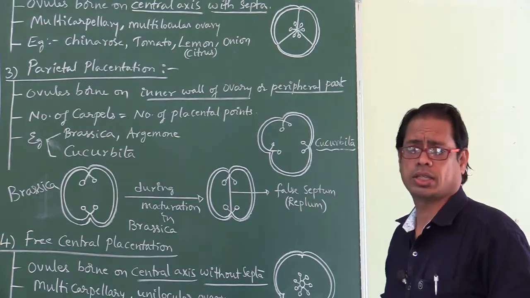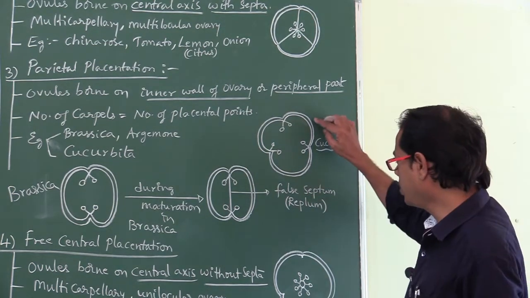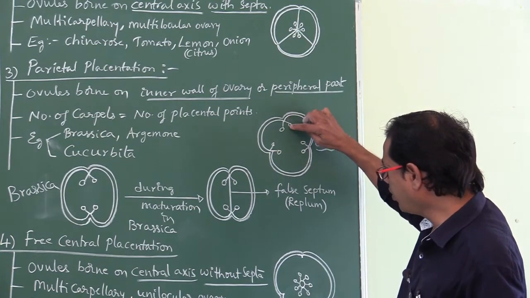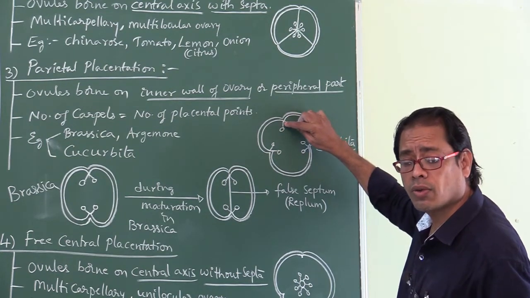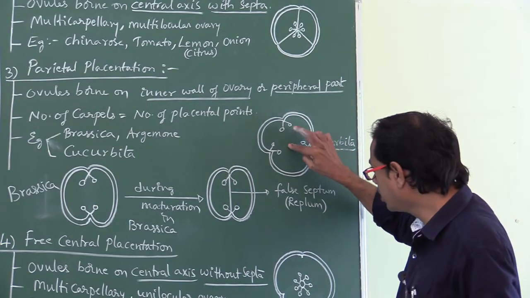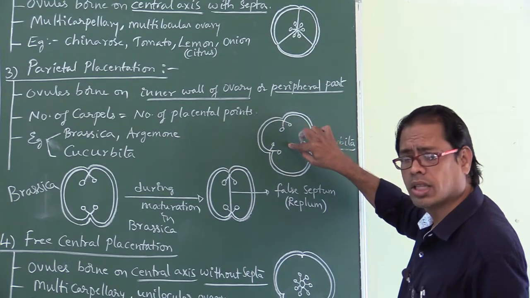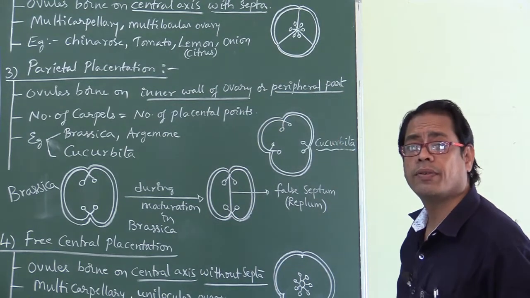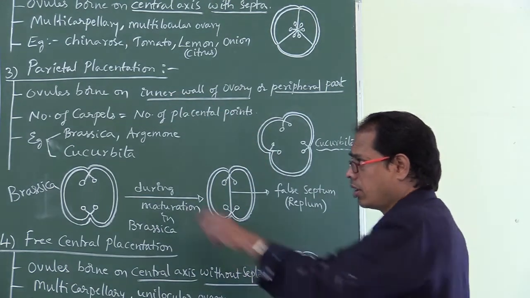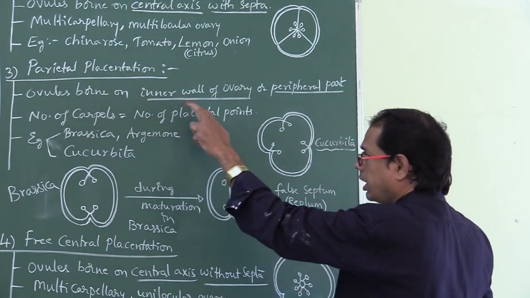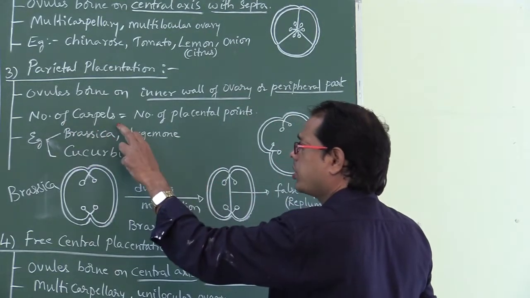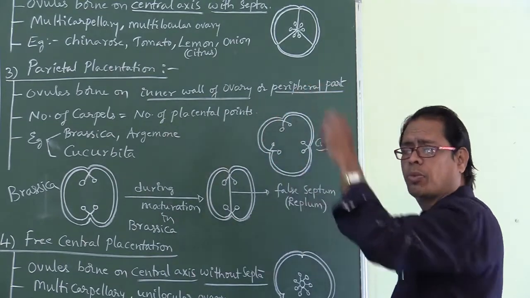No need to learn by heart. This is the outer wall, this is the inner wall. The ovules are borne on the inner wall of the ovary, the peripheral part of the ovary, that is called parietal placentation. Number of carpels is equal to the number of placental points.